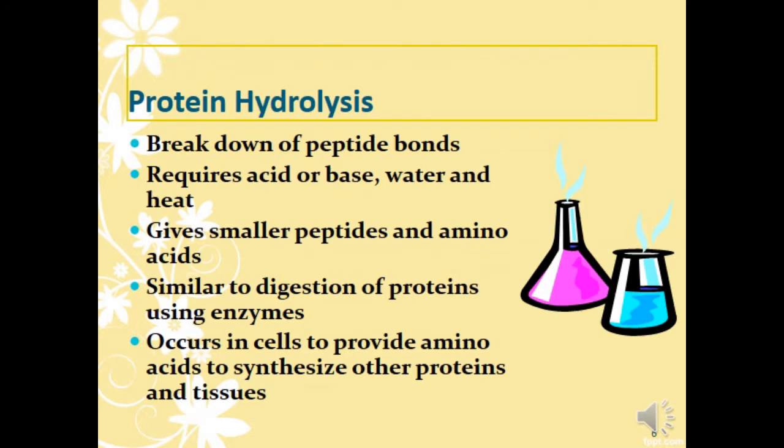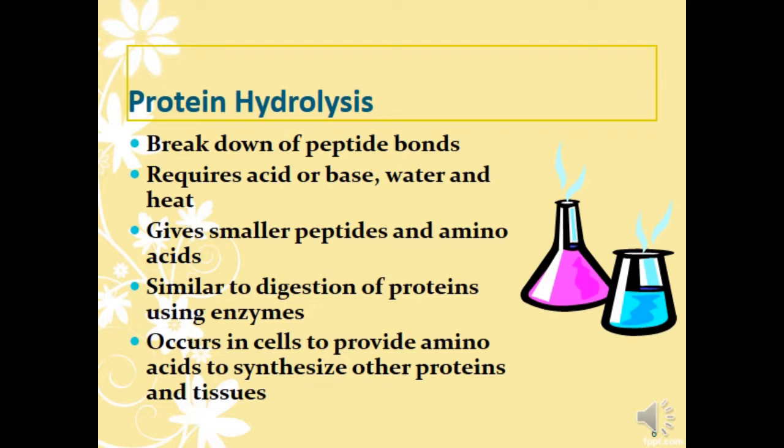Next, we will look at protein hydrolysis. Hydrolysis means you are breaking down the peptide bond which links one amino acid to another. Now, how can we hydrolyze protein? We can use either acid or base, or water and heat. Hydrolysis of protein will give us smaller peptides and amino acids.